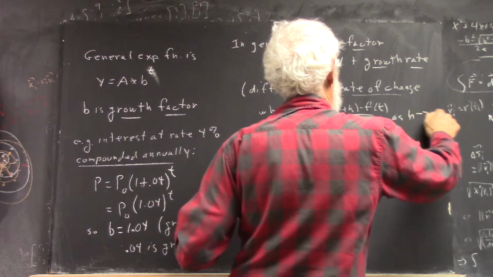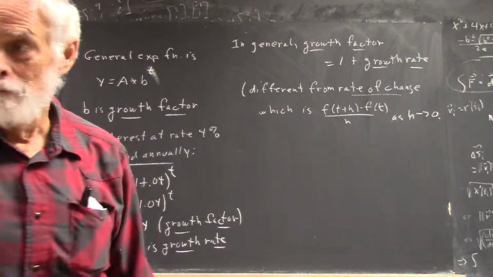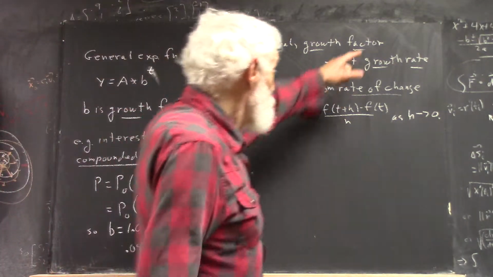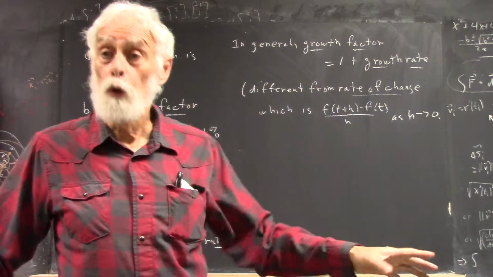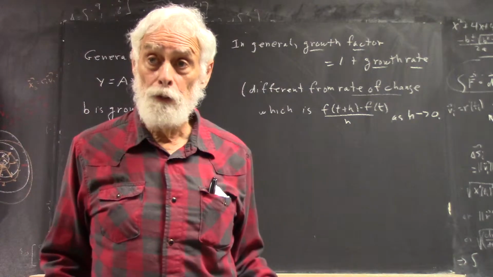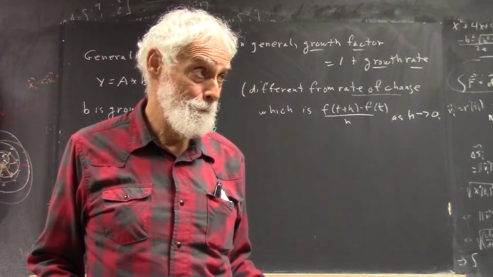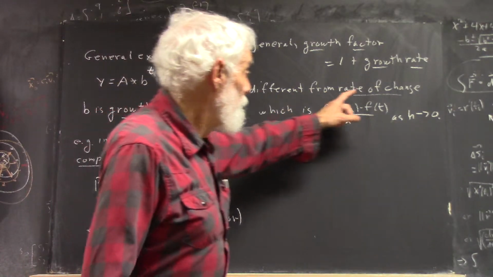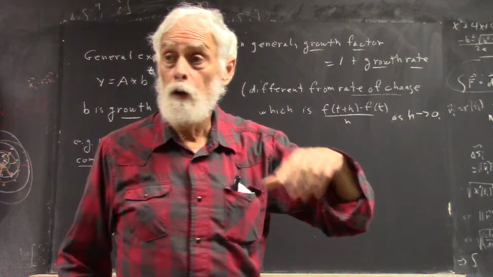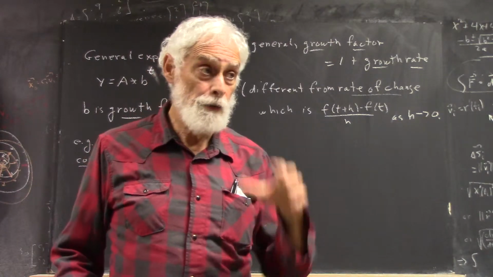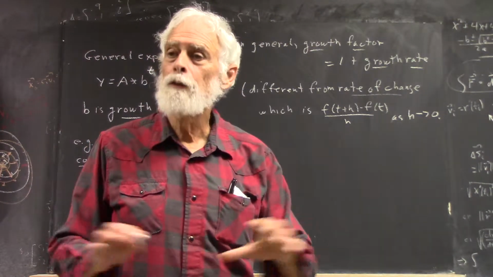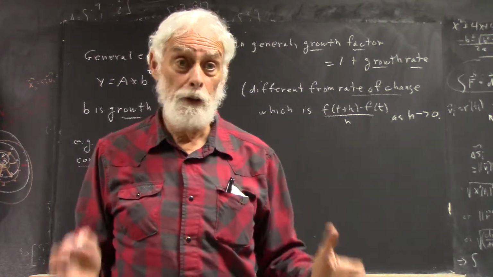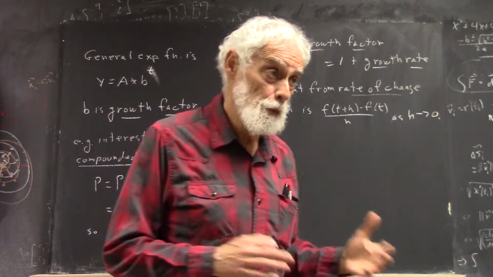Bad notation, but you get the idea. So don't confuse growth rate with a rate of change. Different words, which is why I tell you it's important to use all the words. Rate of change of this with respect to that, that's what we mean by rate of change. 0.04, 4%, is not a rate of change, it's a growth rate. And that's confusing because it uses the word rate, which is why you've got to use the right words when you're thinking about it, especially when you're first working with it.